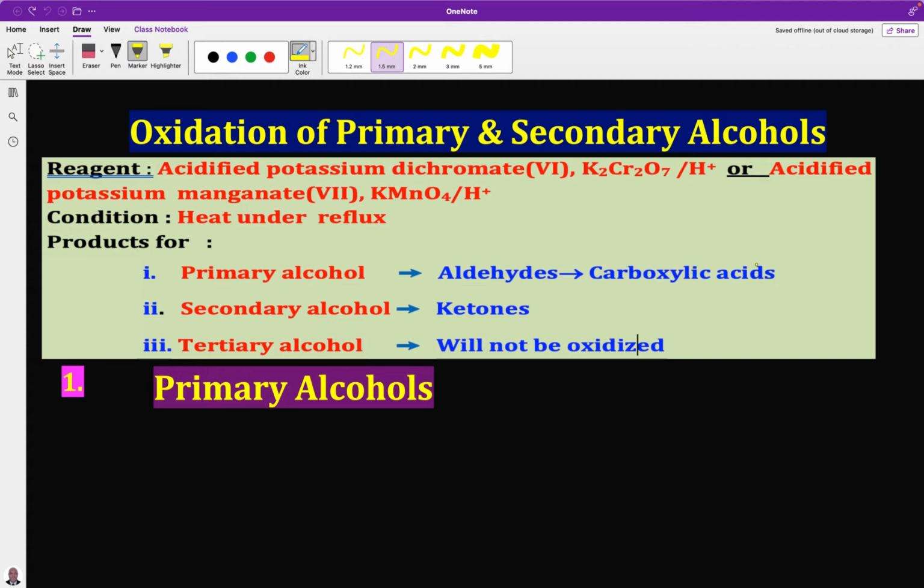In organic reaction, as I said, oxidation is addition of oxygen atom into a molecule and the removal of hydrogen.